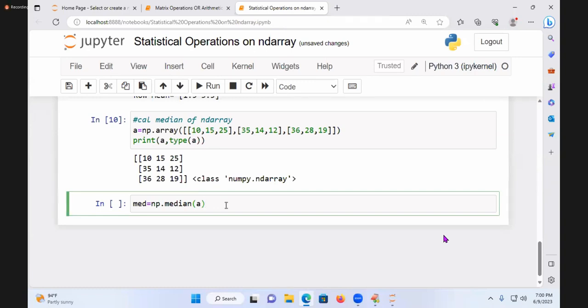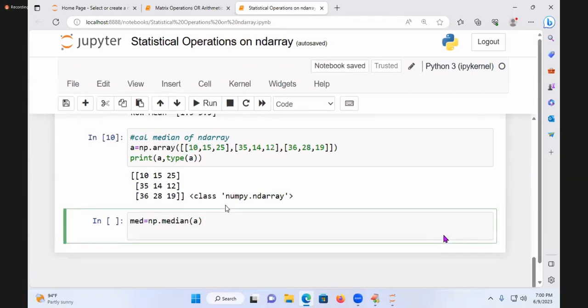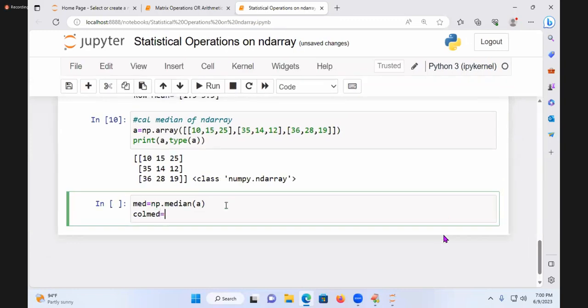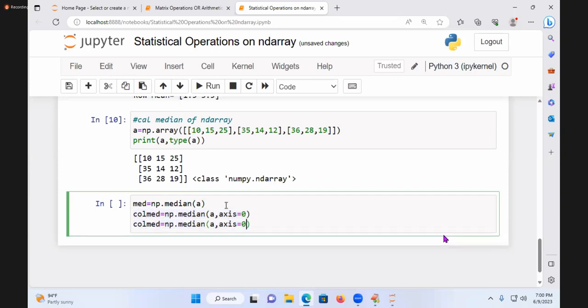Remember that 19. Now you can write column median is equal to np.median of A, comma, axis equal to 0. Similarly, I will write row median is equal to np.median of A, axis equal to 1.